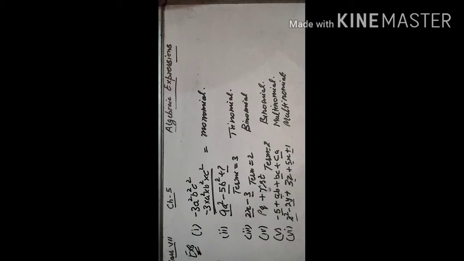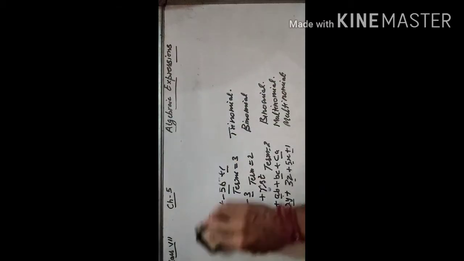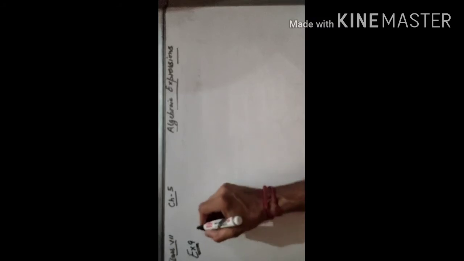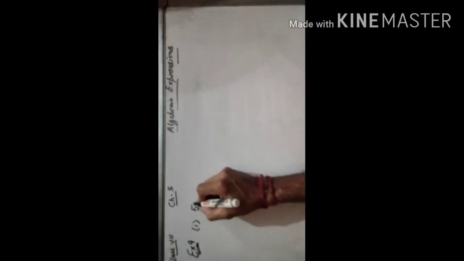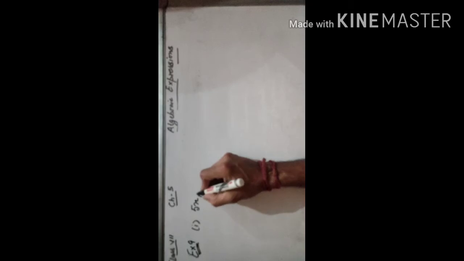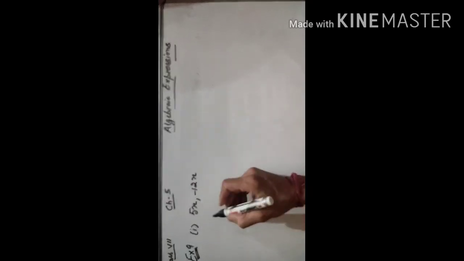Now example number 9. Example 9 is: state with reasons which of the following pairs of terms are like terms and which are unlike terms. First part is 5x and minus 12x.